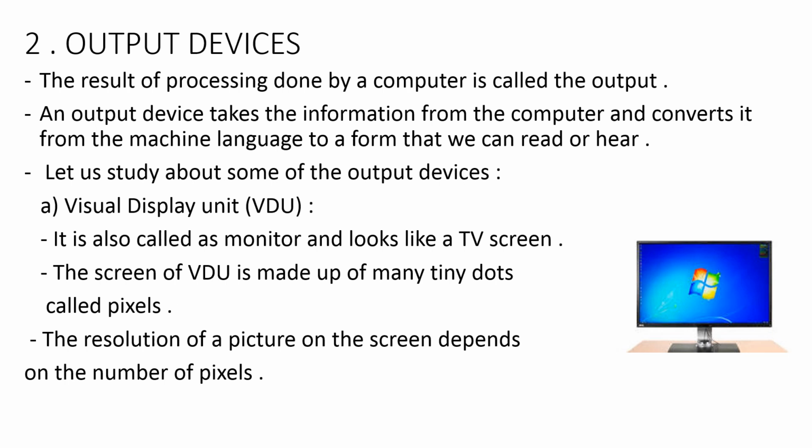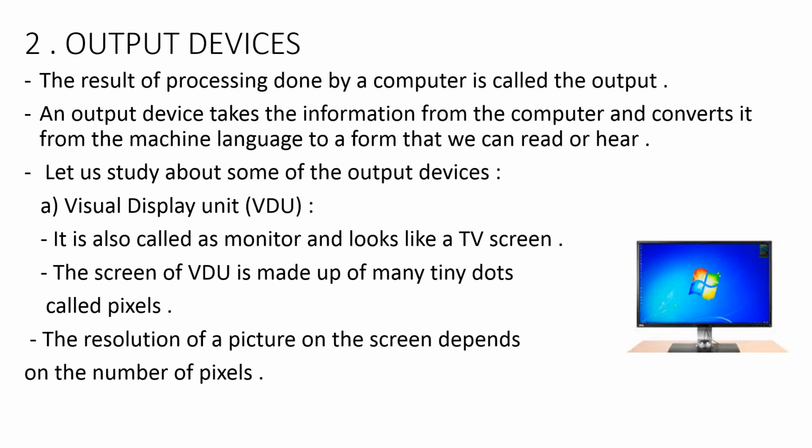The screen of the visual display unit or monitor is made up of many tiny dots called pixels. Now the resolution of a picture on the screen depends on the number of pixels. The greater the number of pixels, the higher the resolution is. The more the number of pixels, the clearer the image is.